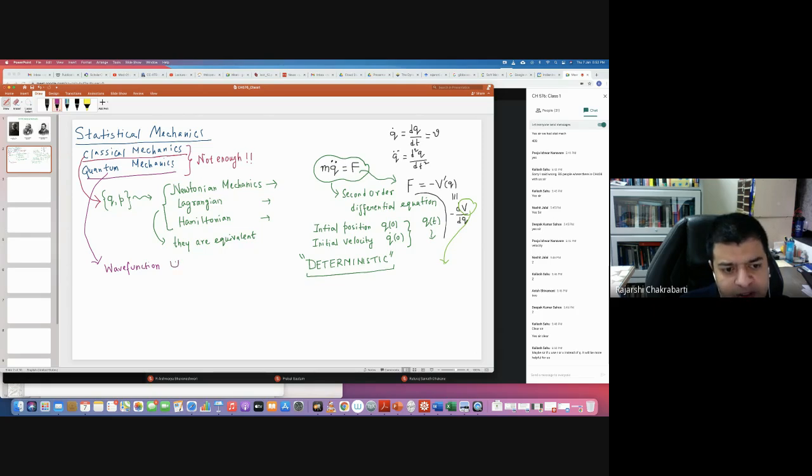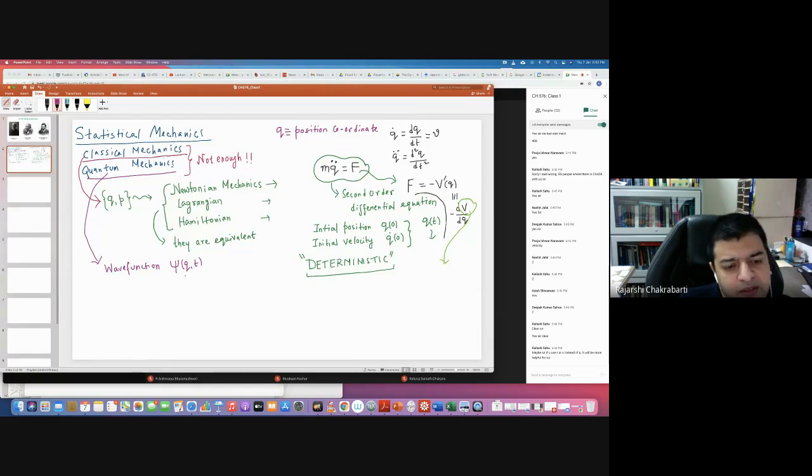So the wave function psi is a function of x, as Kailash was saying, and time. X is the position, but I don't like this notation x. Here I'll use a notation like q, any coordinate. Q could be x, y, z, anything. It is not very difficult for you to remember. Small q, the position coordinate.